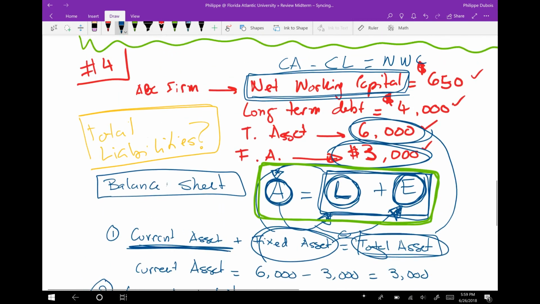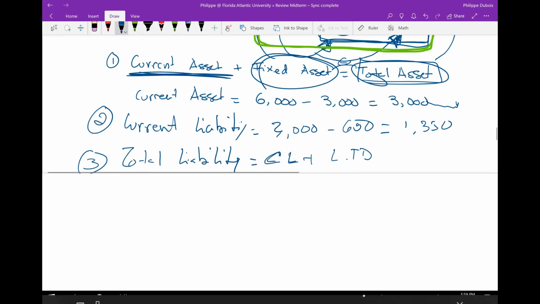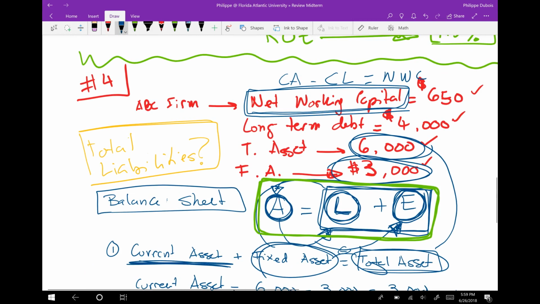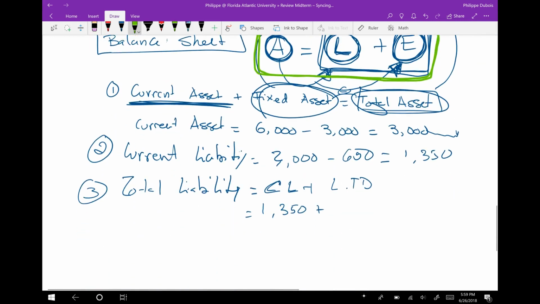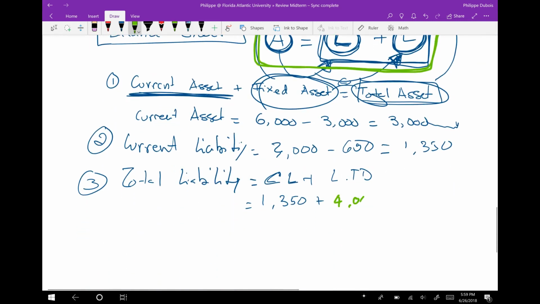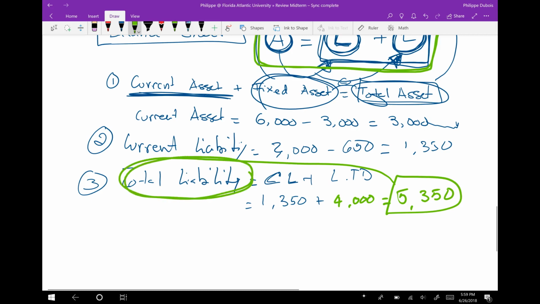Your long-term debt was $4,000. That's $5,350, that's your total liability.